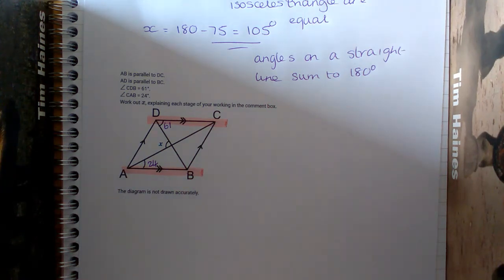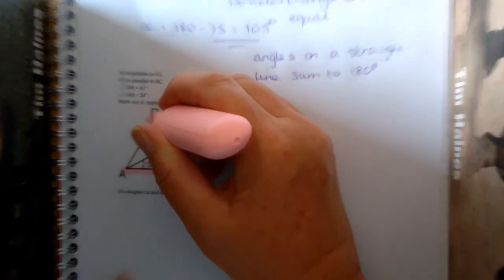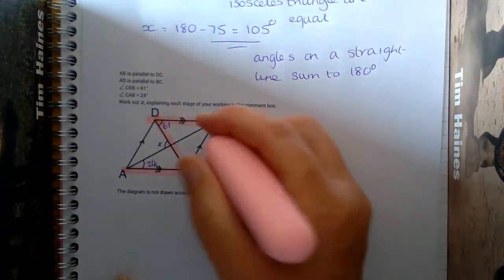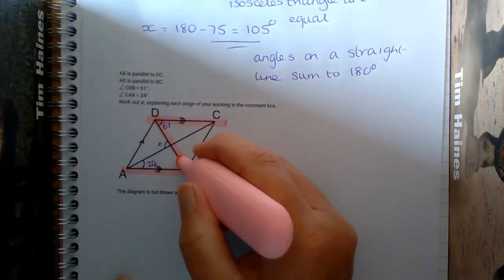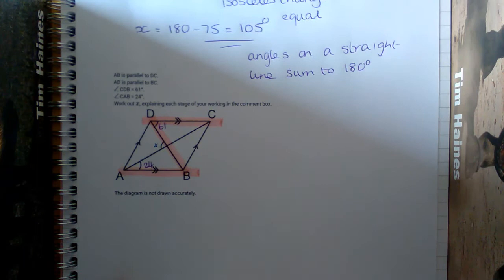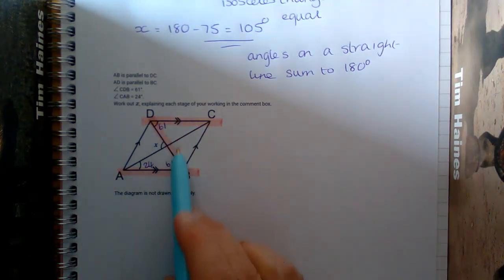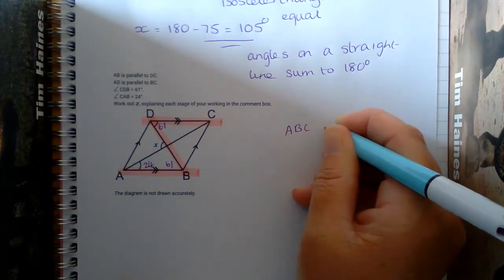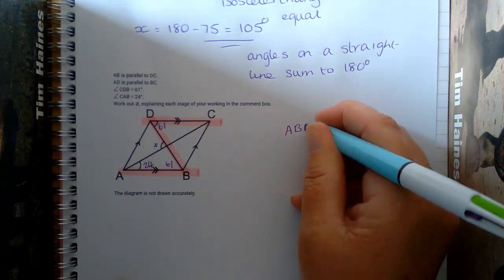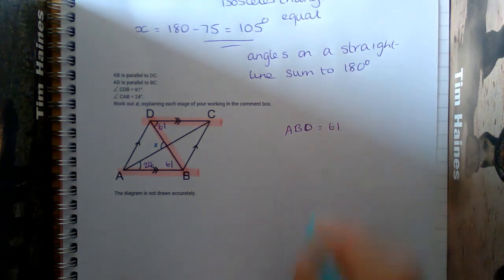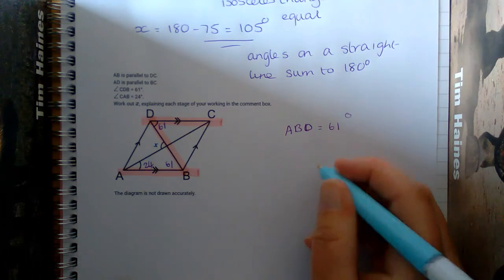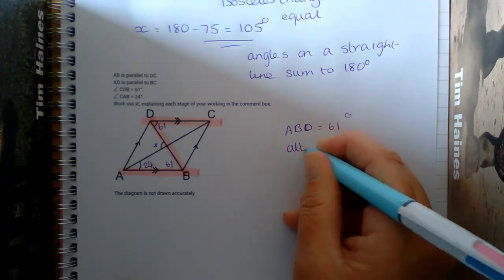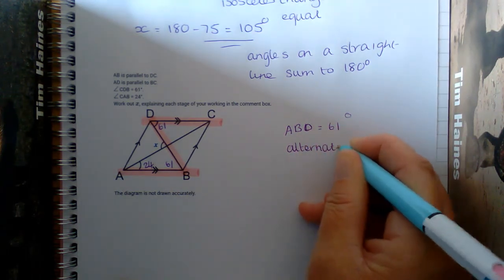If I draw a line here, and that's 61, that means this also here must be 61 because you can see I've got my Z angle again. So I know that ABD is equal to 61, again because of alternate angles. I'm not going to write it all out, I'll just write alternate angles.